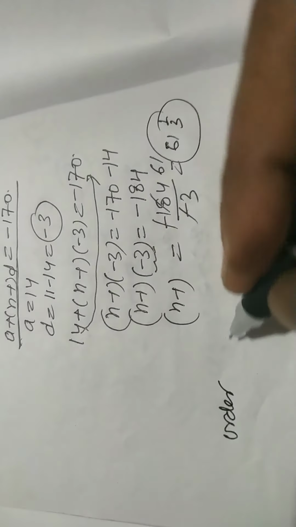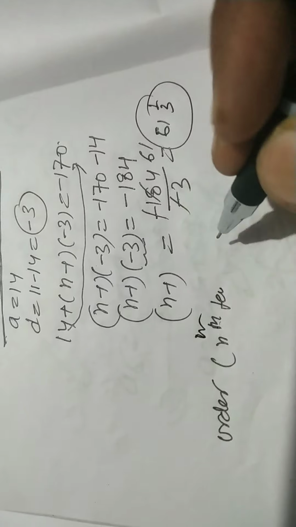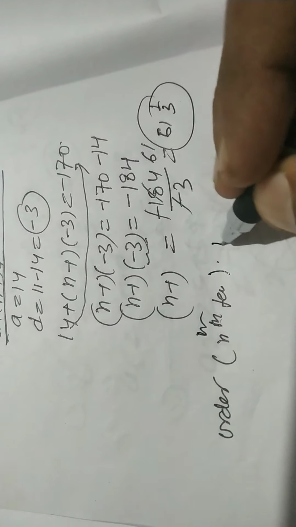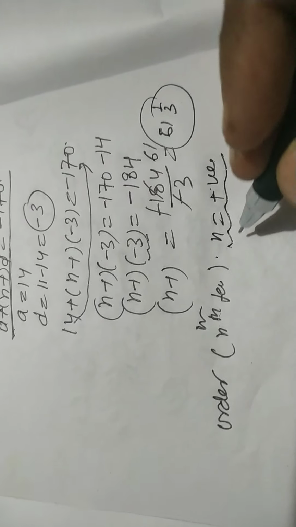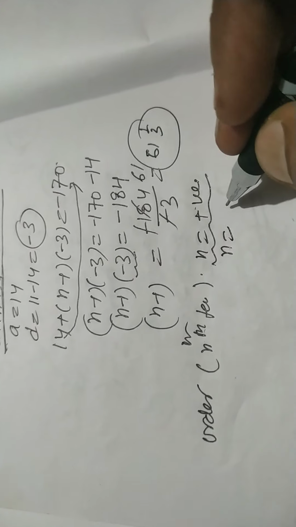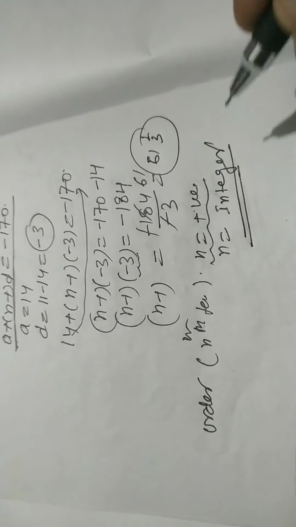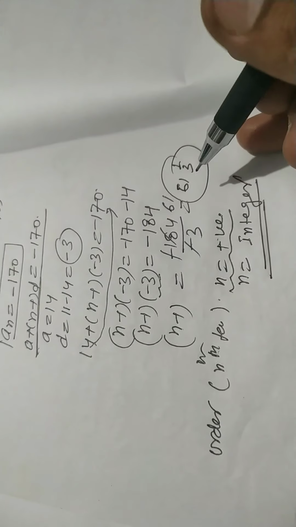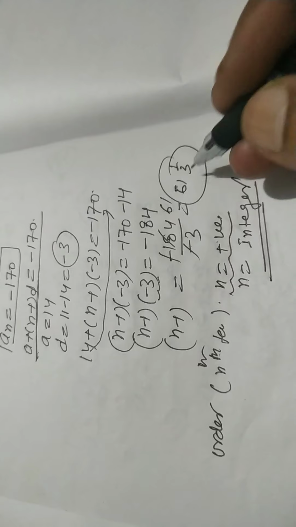So basically, the n in the nth term must be positive, that is the first criterion. And second, n must be a positive integer, because the term number will not be a fraction.